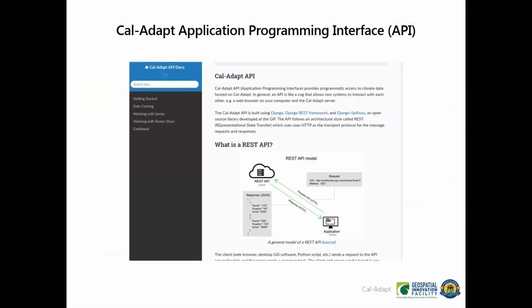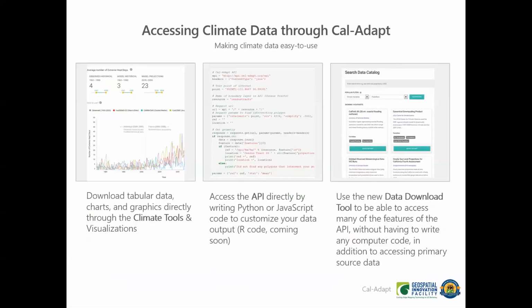That's important because it's through the API that we have created a lot of this functionality to allow you to download climate data in many different ways. So there's a lot of different ways that you can access climate data through CalAdapt, and we're going to talk about a few of these today. So again, one of our main goals is to make climate data easy for people to use.